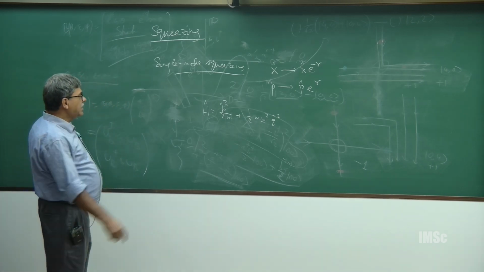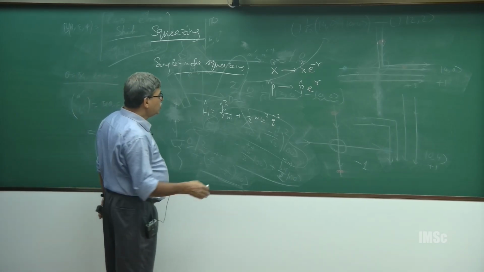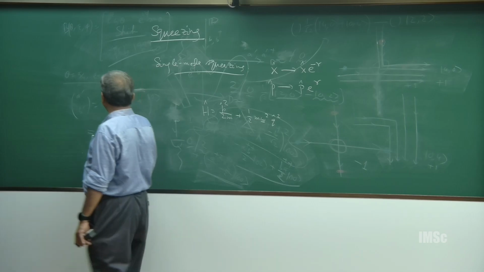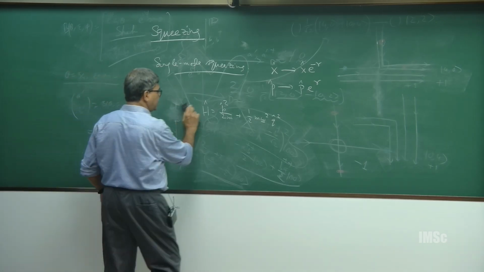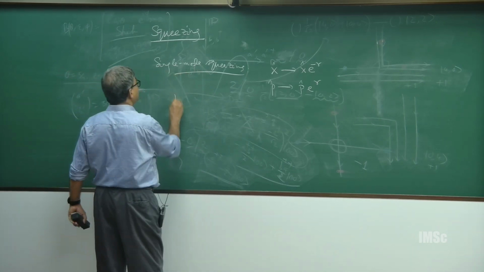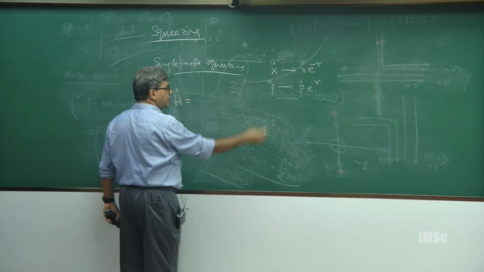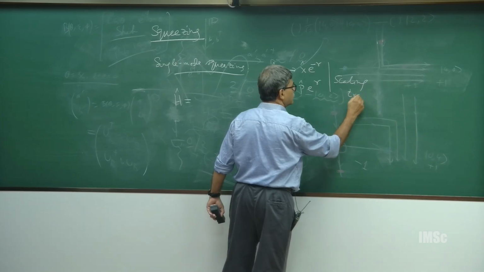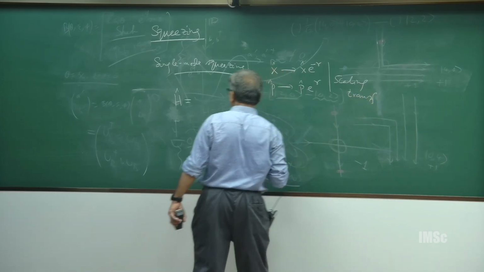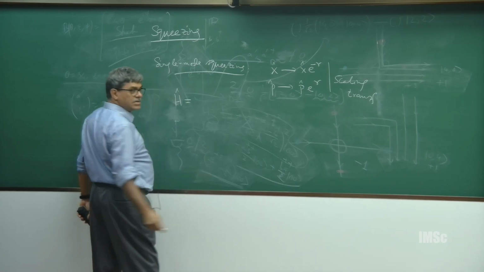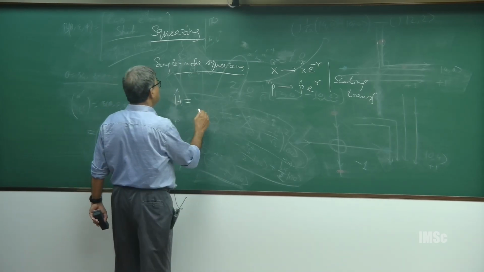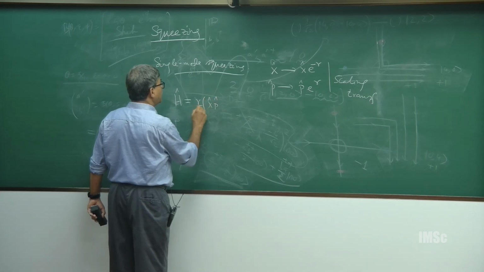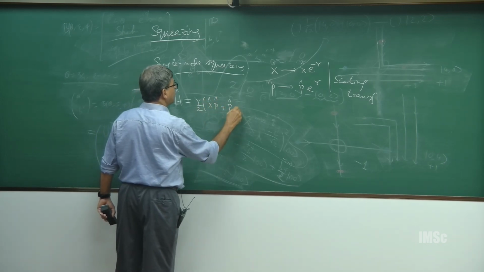The Hamiltonian which will generate such a transformation is a scaling transformation, of the form r by 2 times (x p plus p x).